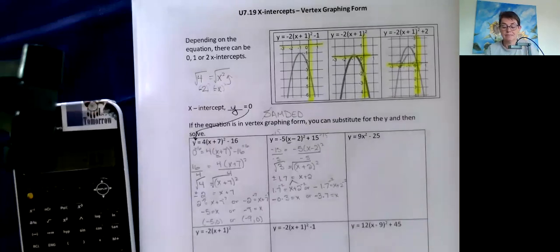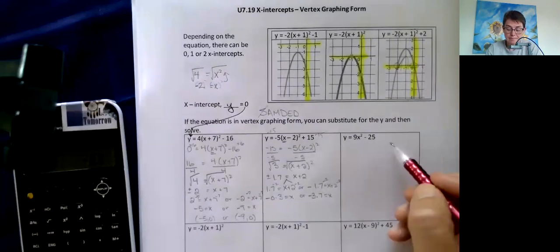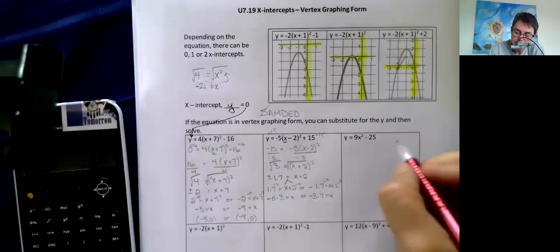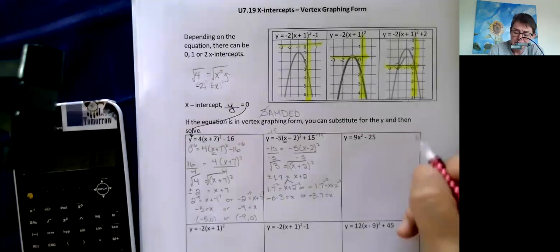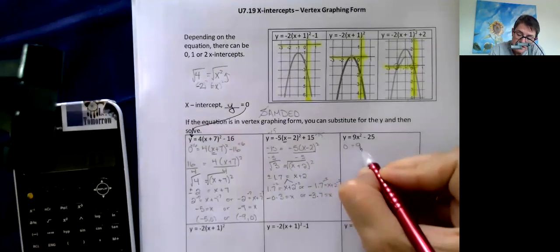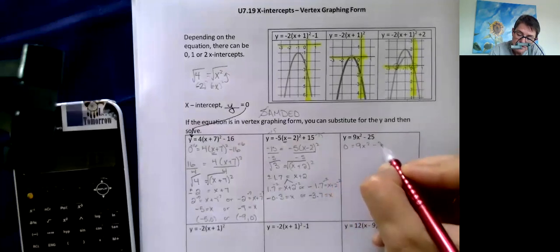So give it a shot. Now, how about you try this one? This one actually is really easy. So remember to put my 0 in there. 0 is equal to 9x squared minus 25.